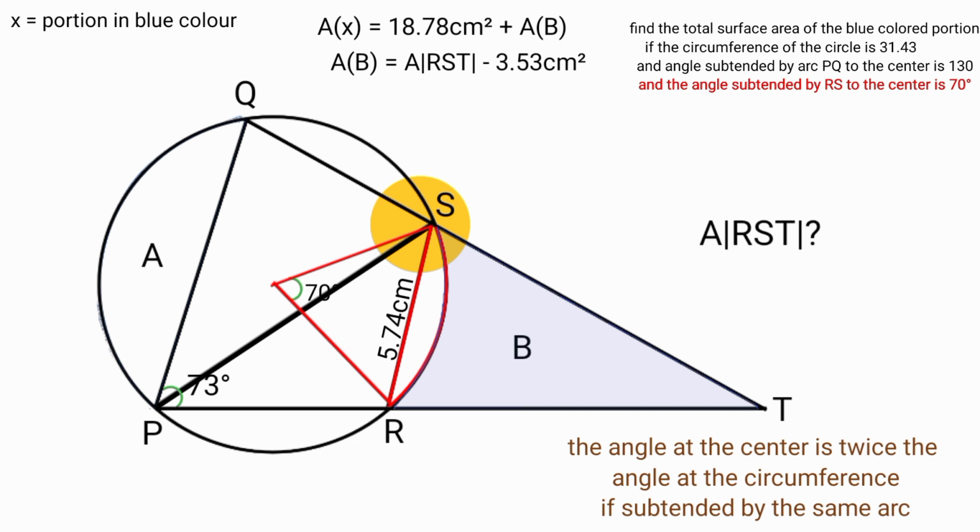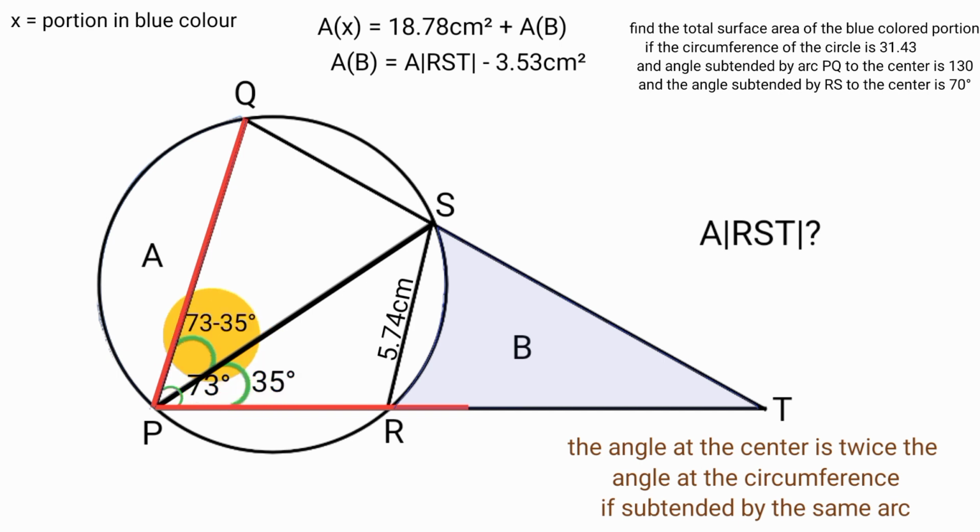So this angle here is subtended by this arc to the circumference, and we are told that the angle subtended to the center is 70 degrees. So this angle is half of 70 degrees, which is 35 degrees. But recall the size of this whole angle is 73 degrees, and we found this part to be 35 degrees. So this must be 73 degrees minus 35 degrees, which is 38 degrees.